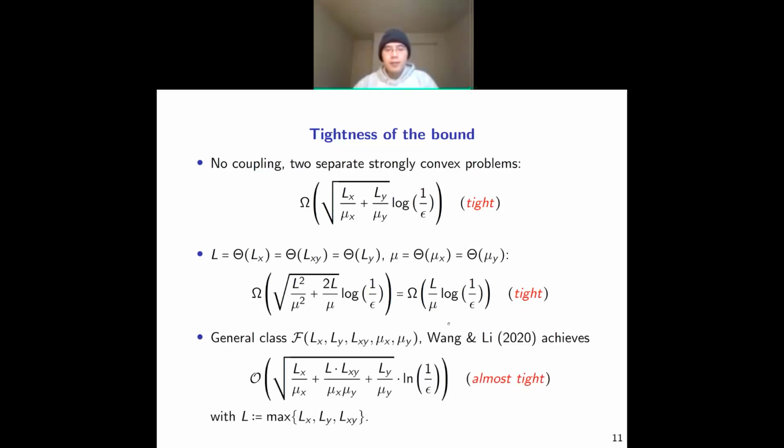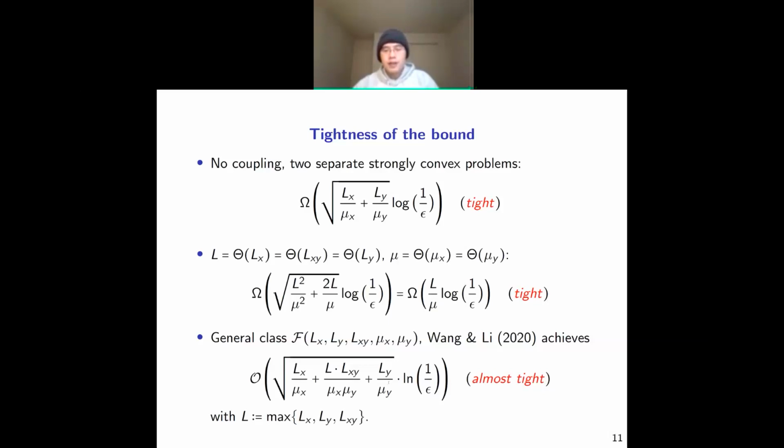Under the most general parameter setting, we do not know an optimal algorithm that matches our bounds. But fortunately, one of the follow-ups of our results achieves a bound that almost matches ours. Instead of Lxy squared, they have an L here, where this L is the maximum of these three L's.